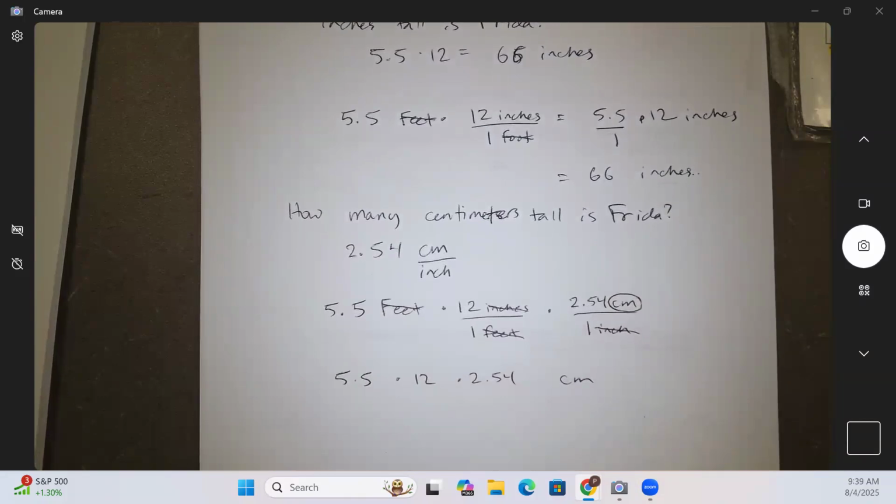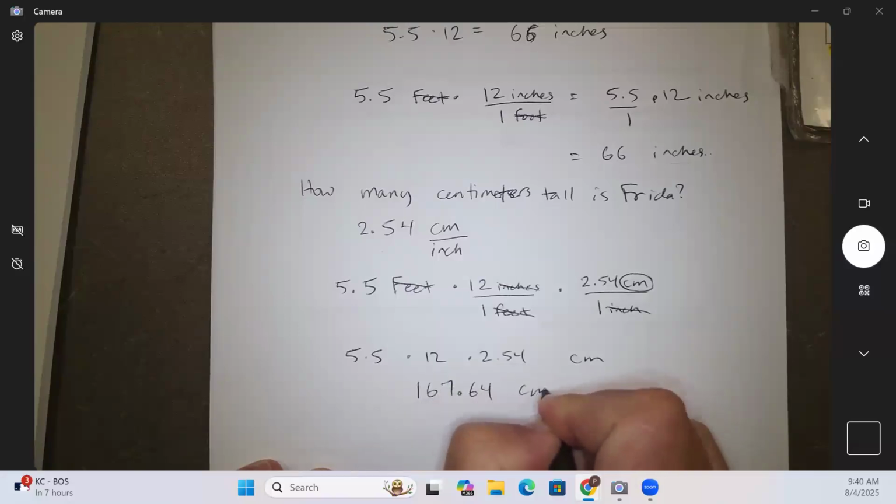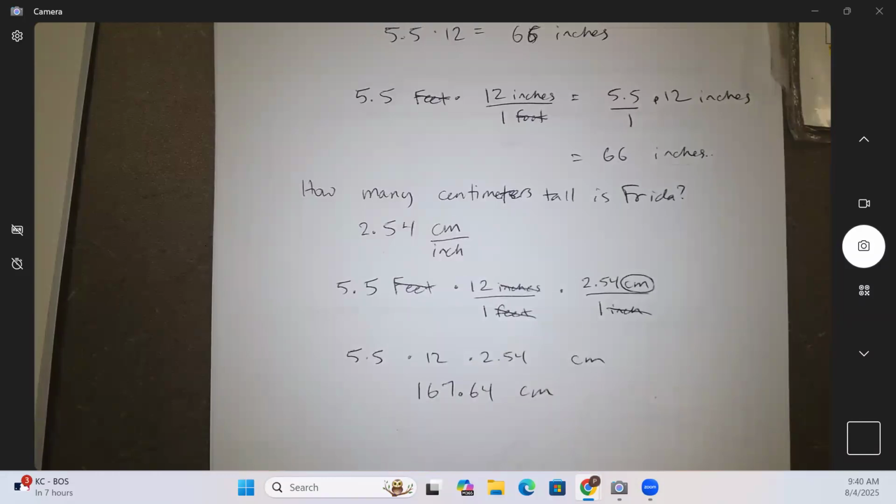And that's going to be exactly the number I'm looking for. That's what calculators are for. 167, technically 0.64 centimeters, but that's not a lot of distance. That's the amount a person's height changes over the course of the day when they're standing a lot. So probably would end up rounding that to 167 centimeters.